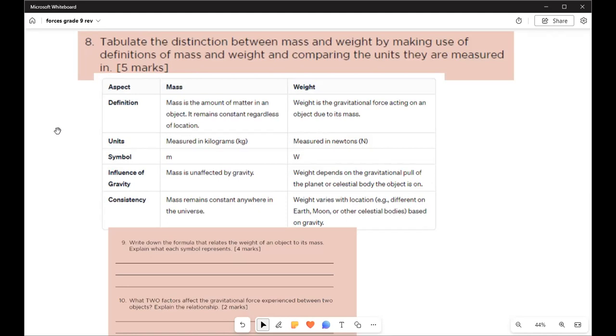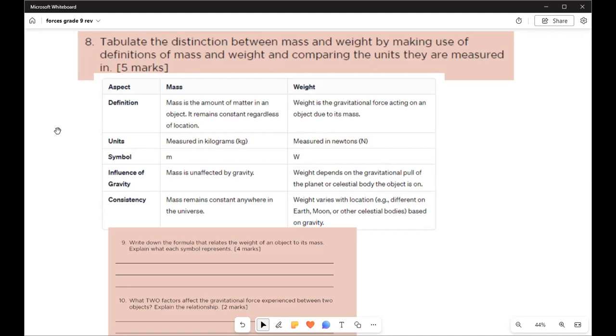Weight is measured in newtons and mass is measured in kilograms. Mass in kgs, weight in newtons. Okay. Symbol. Mass is symbolized M in physics, a universally accepted letter in science to represent mass, and for weight it is the capital letter W.